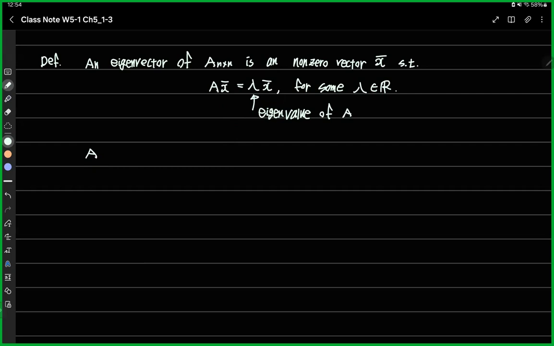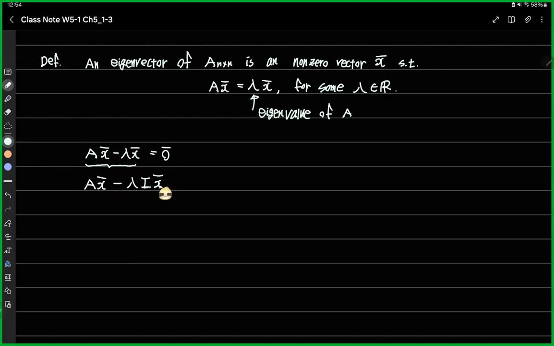Then we move lambda x bar to the left-hand side: A x bar minus lambda x bar is equal to the zero vector, right? We can combine the left-hand side like this: A minus lambda times the identity matrix, times x bar.